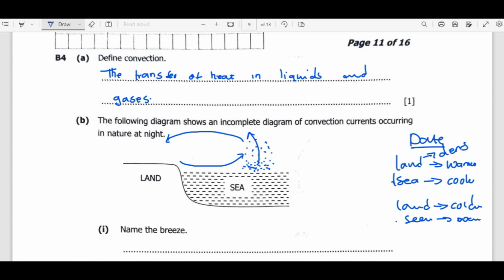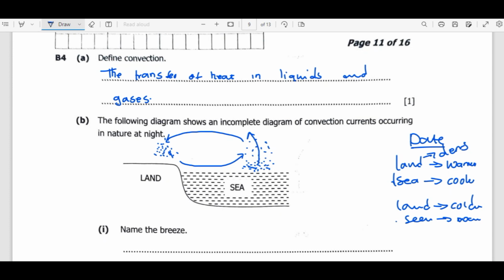Whenever it goes on top, it is going to be cooler. At some point, this air will become denser because it has moved to land where we have cool conditions. Because they are very cool and have a high density compared to the air on the sea, this now will move down. So this is what we call the convection current.